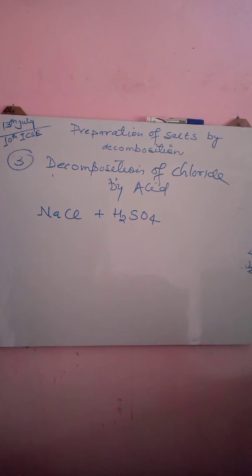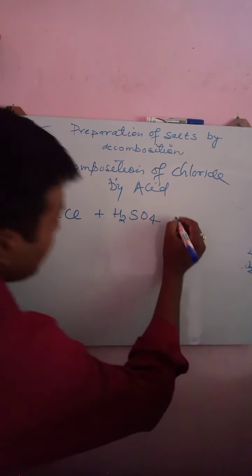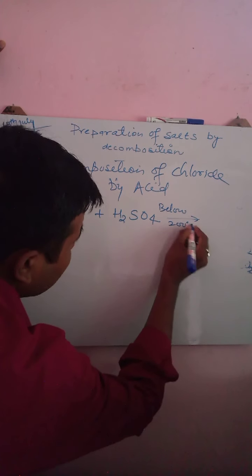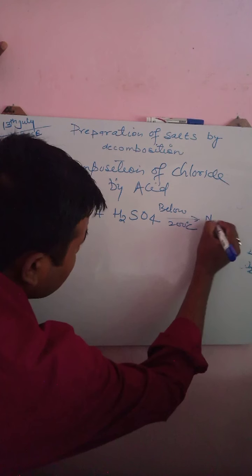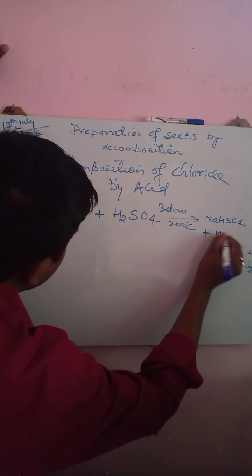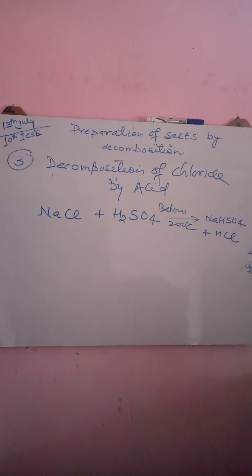This reaction is dependent on temperature. When temperature is below 200 degrees Celsius, it produces NaHSO4 plus HCl.